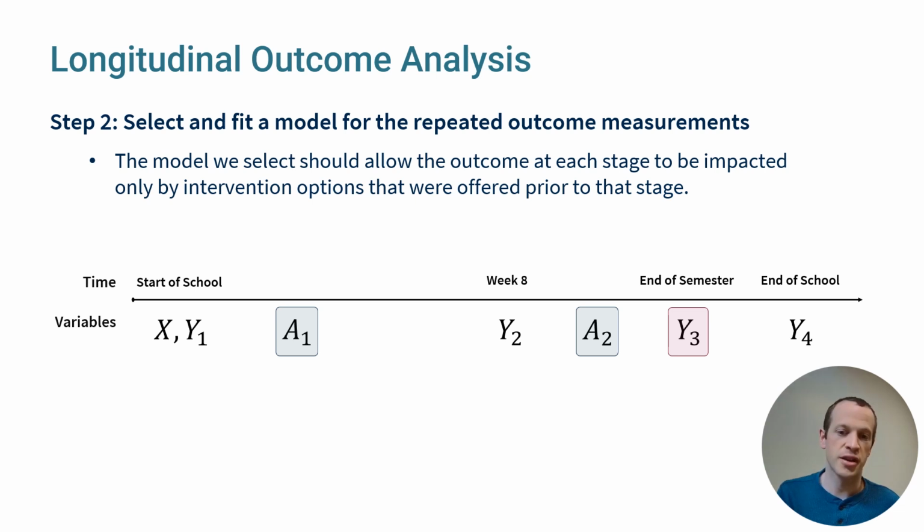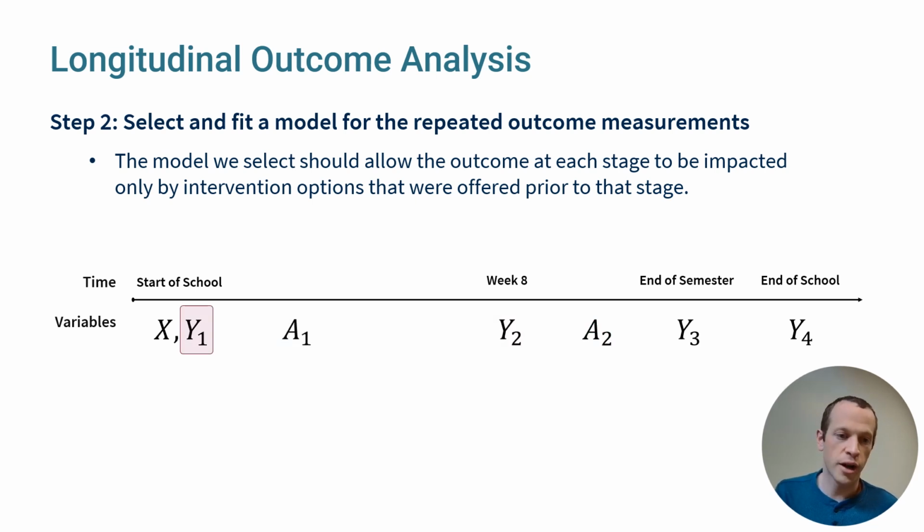The ordering is such that the treatments or interventions occur prior, so you in general would expect there to be some effect on Y3. The story gets a little more interesting for Y2 though, because Y2 occurs after A1 but before A2. So we need to set up our model such that A1 can affect Y2 but A2 cannot affect Y2.